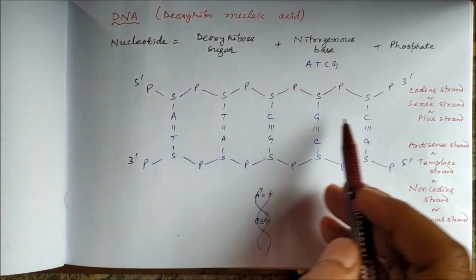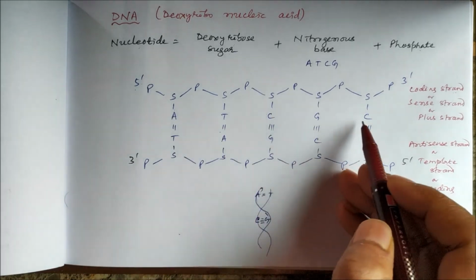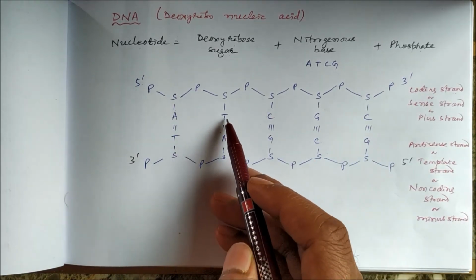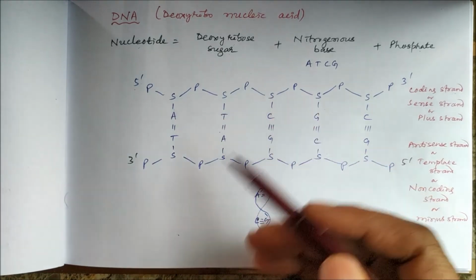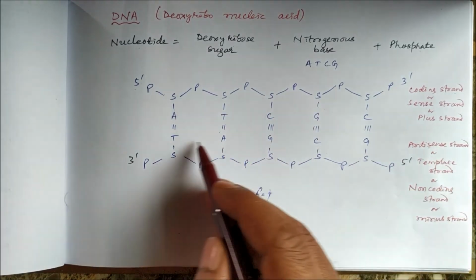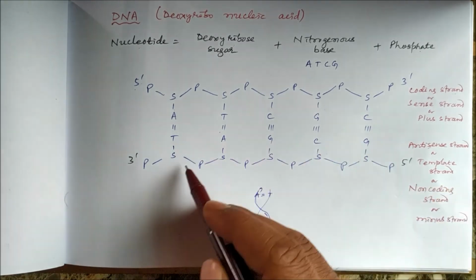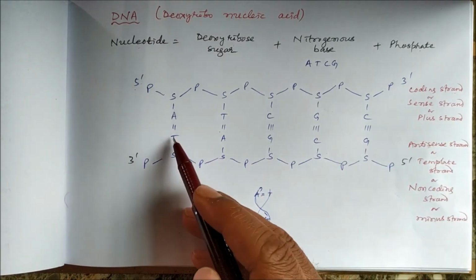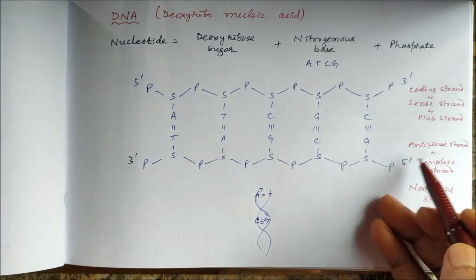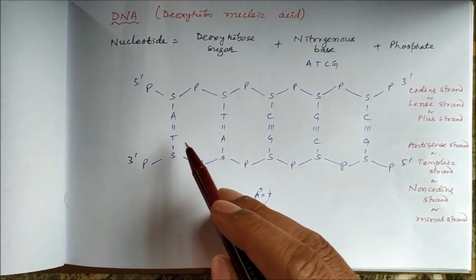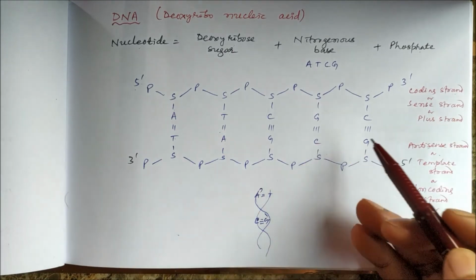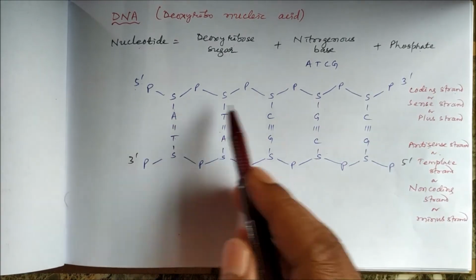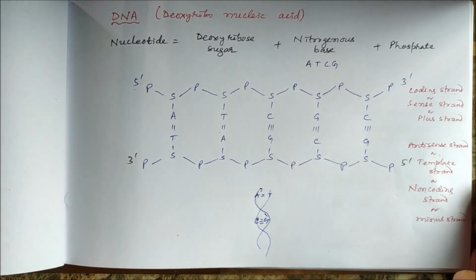So messenger RNA will have the same base sequence as the sense strand, only T will be replaced by U, and the antisense strand acts as a template for that messenger RNA synthesis. So the complementary bases of the antisense strand form the messenger RNA. That's why the messenger RNA has the same base sequence as the sense strand or coding strand.